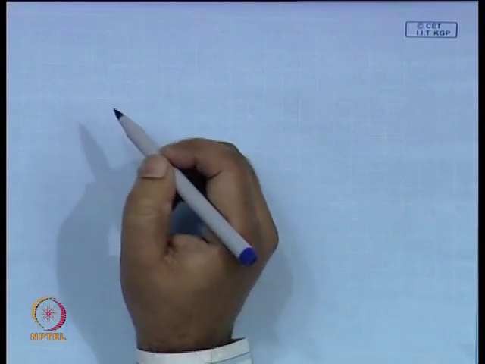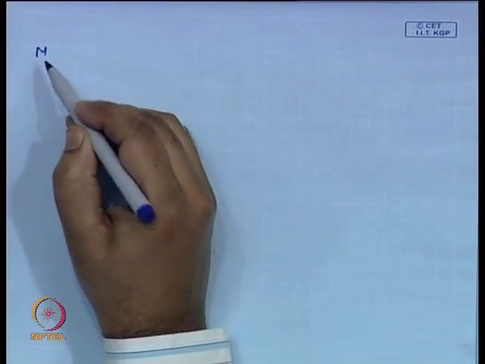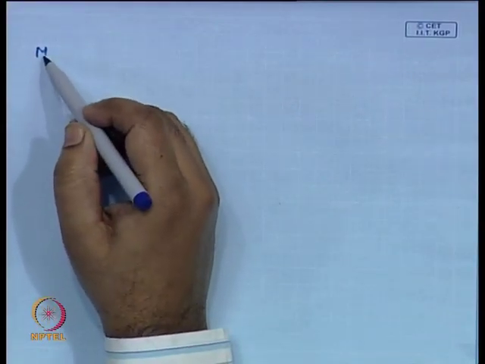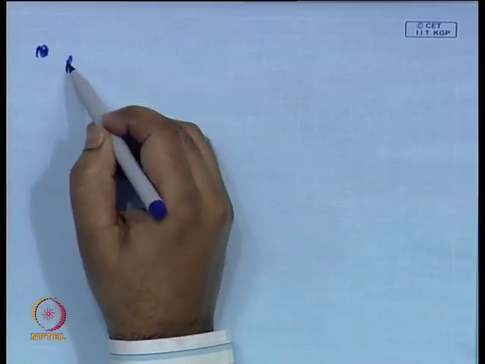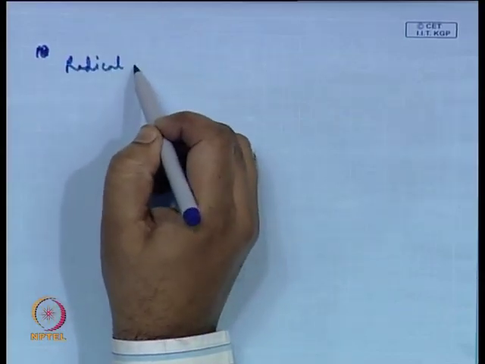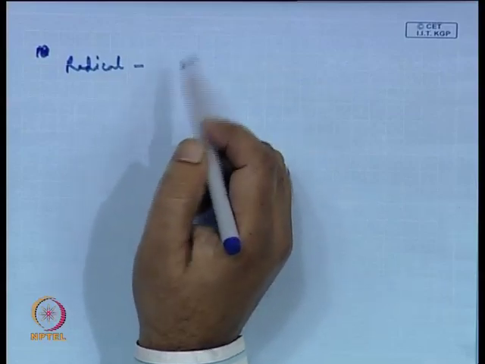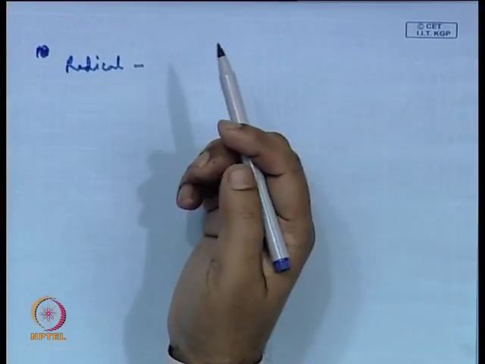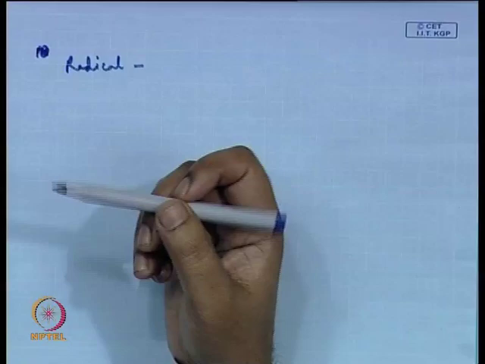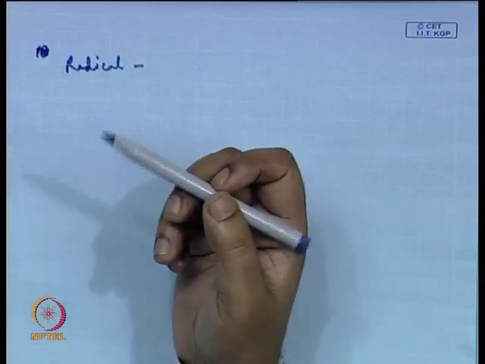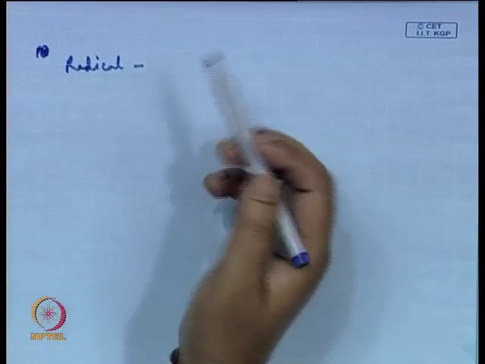Now, let us talk about this monomer. In case of radical, as I said, several combinations of monomers are possible, because we know from our initial discussion on chain polymerization that most of the vinyl monomers do undergo radical polymerization.